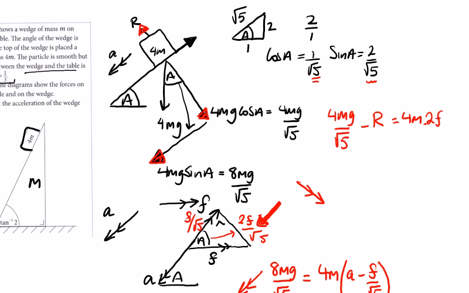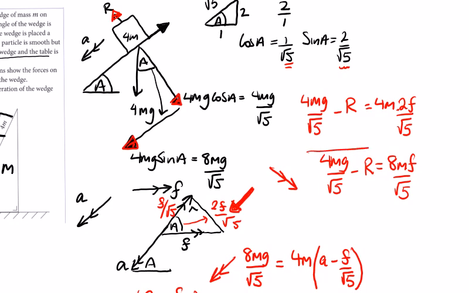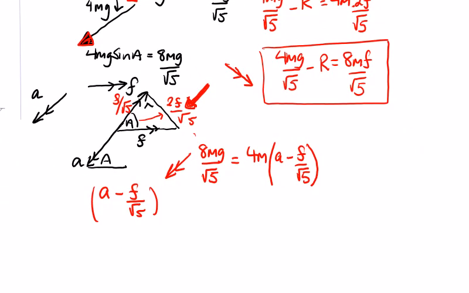So 4mg over root 5 minus R is equal to 8mf over root 5. I'm just going to put a box around this. Two equations in relation to the particle.